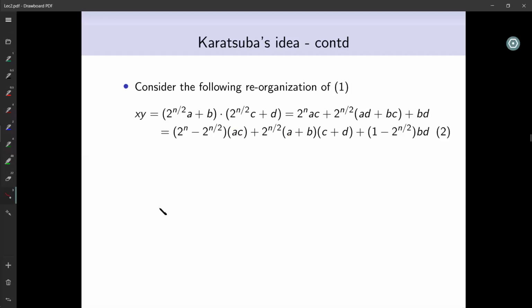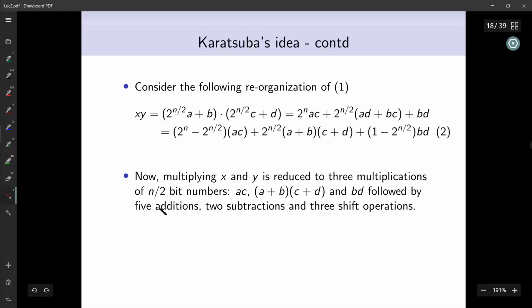So C plus D again will be an n/2 plus 1 bit integer, right? So this will be a product of n/2 plus 1 bit integers, and this again a product of integers of n/2 bits. So how many products do I have now? One product, 2, 3. So what we have done is, multiplying x and y is reduced to 3 multiplications of n/2 bit numbers.